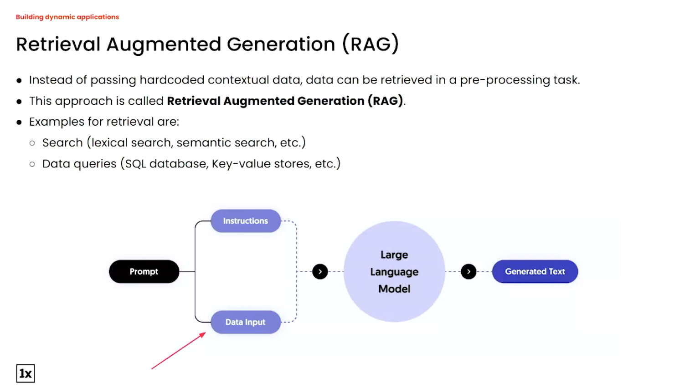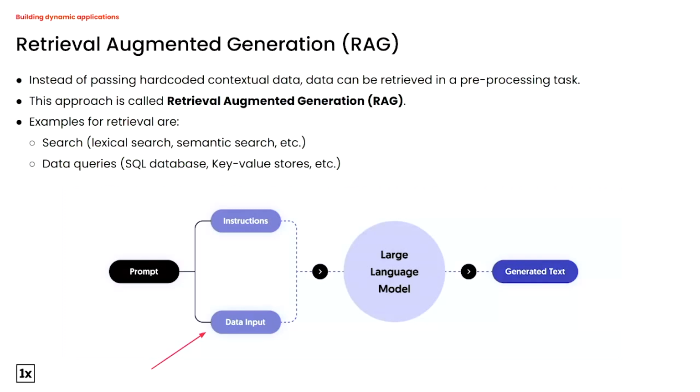And this is called Retrieval Augmented Generation. You hear this buzzword and it sounds really fancy, everybody likes, ooh, RAG. But it's really nothing else than a pre-processing task that, based on the question, finds the data that's relevant and passes that along together with instructions, and then everything is the same and the answer is generated.